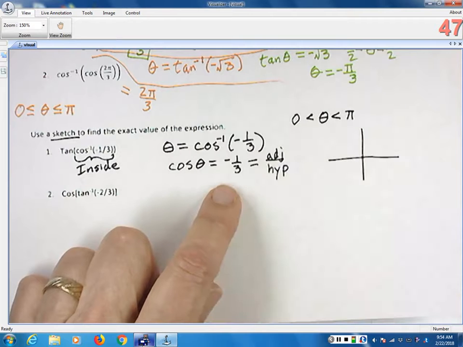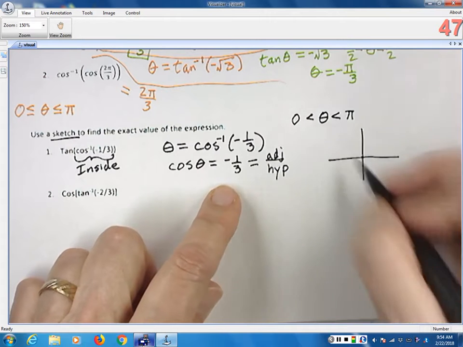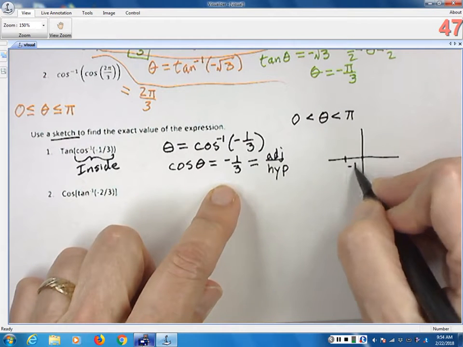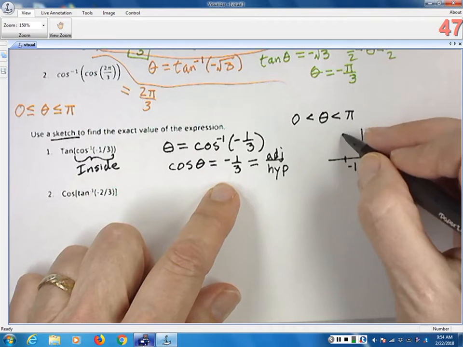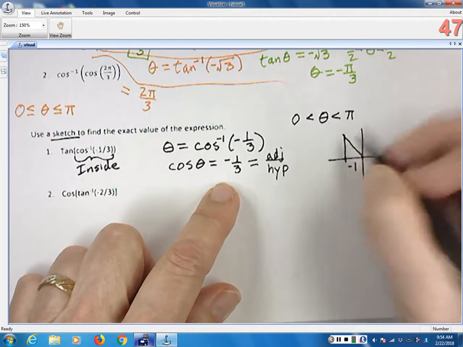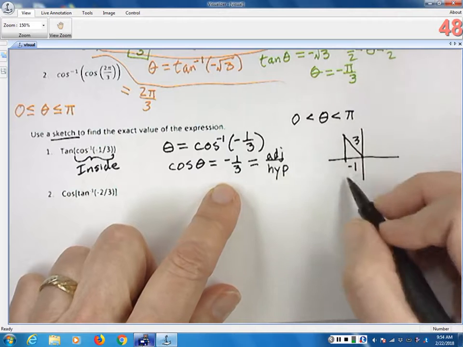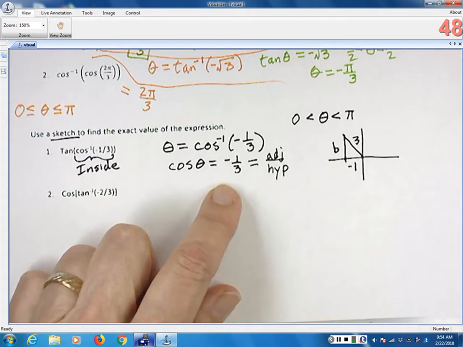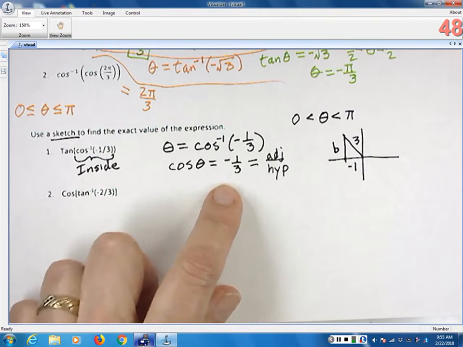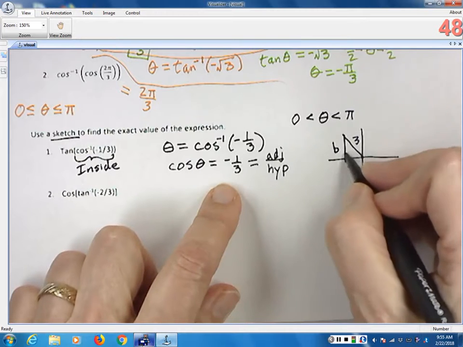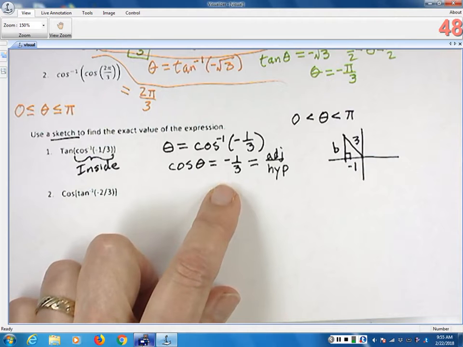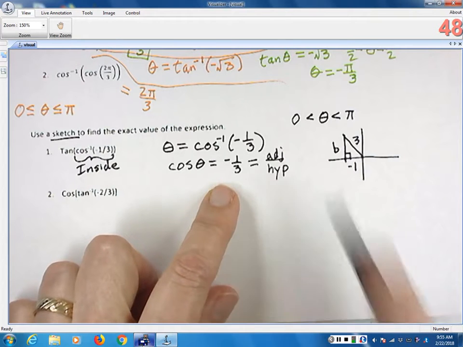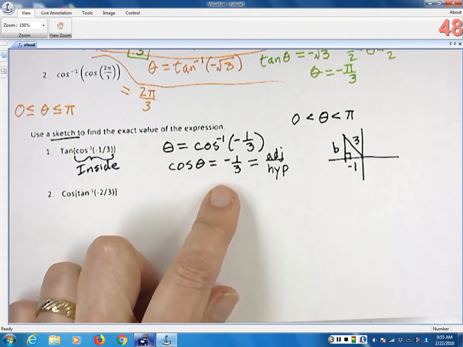The hypotenuse is never negative, so we have to make x negative, and then that's the hypotenuse. This is going to be 3. We have to find b here. This is a right triangle. We drew it in quadrant 2 because that's where cosine is negative, and it's in that restricted domain. That's why it's not in quadrant 4.